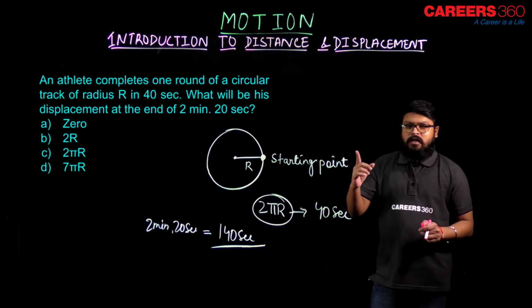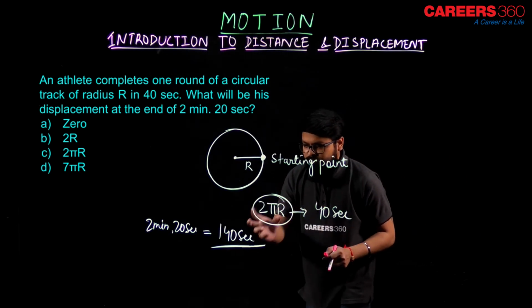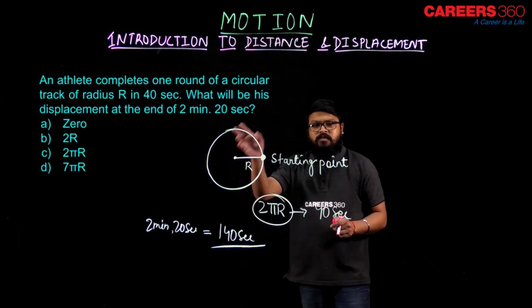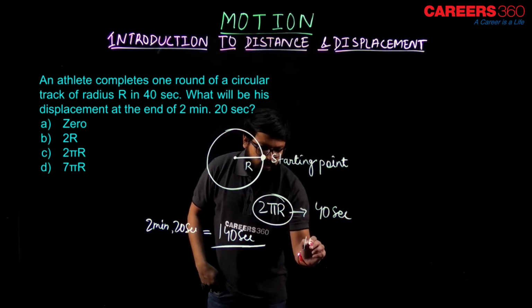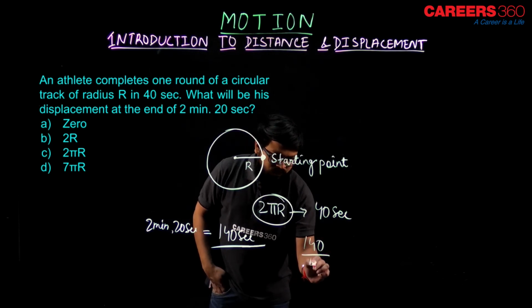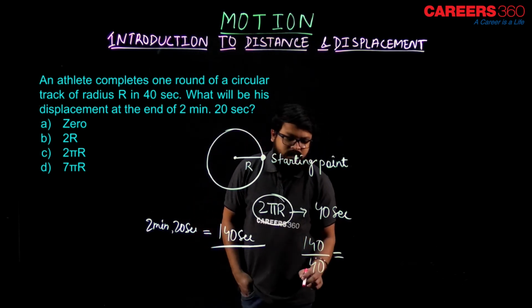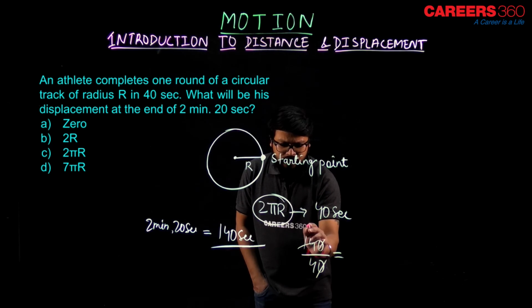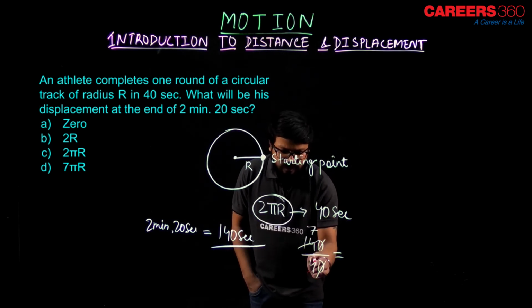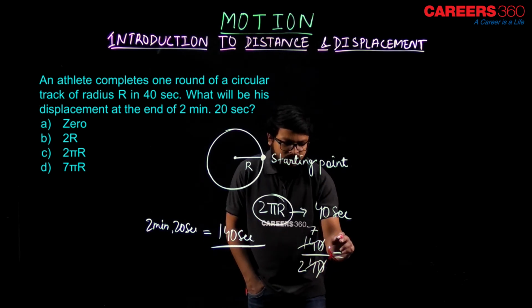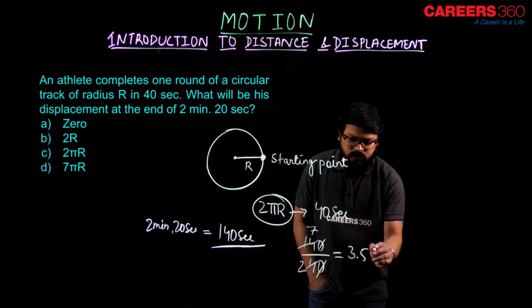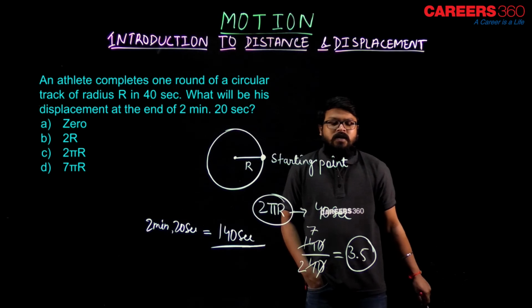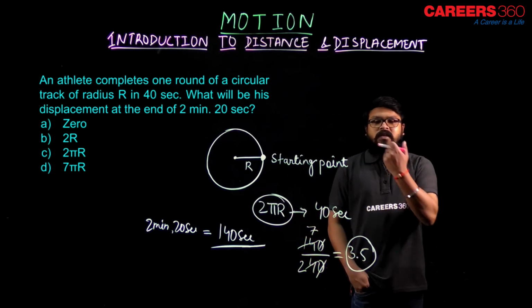So in 140 seconds, how many times will he cover the circular track? Let's divide it. 140 divided by 40. Simply we can write, 7, 2 7s are 14, and this is nothing but 3.5. So 3.5 times he will cover the track.